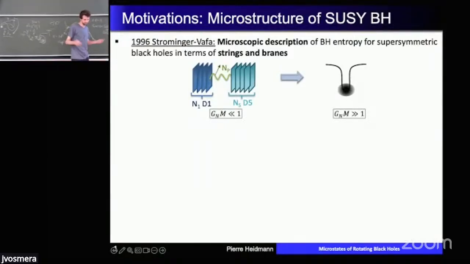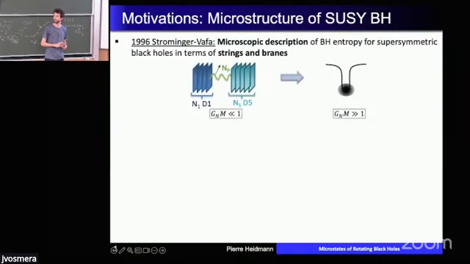Obviously, it's of great importance to find the fundamental structure of black holes. In string theory, one of the biggest achievements is the Strominger-Vafa counting of supersymmetric black hole entropy. It was made by counting the microstates, turning essentially gravity off by playing with the gravitational coupling.